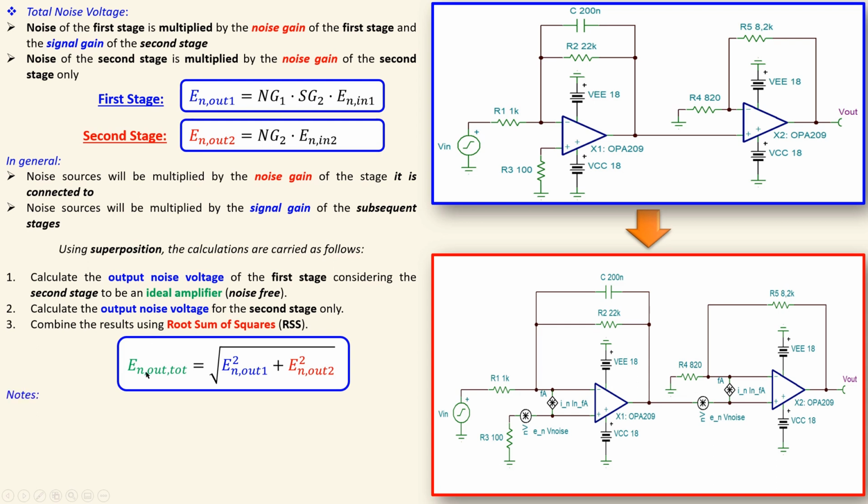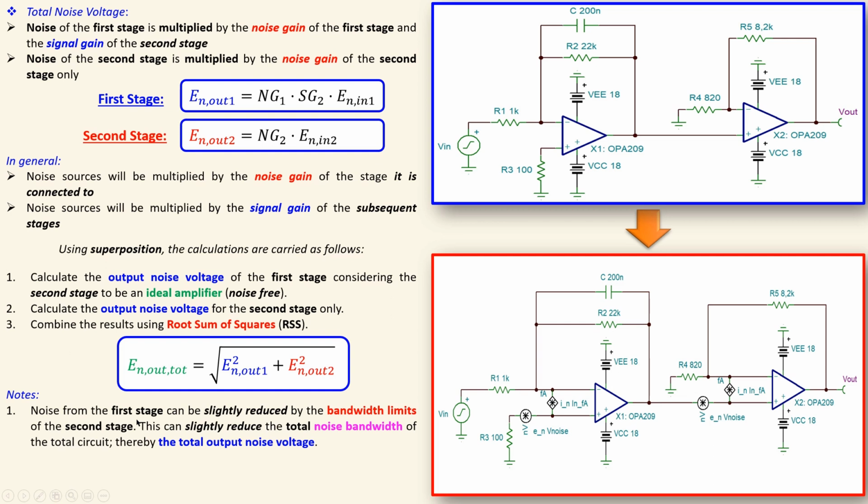Okay, now we have some very important notes. Noise from the first stage can be slightly reduced by the bandwidth limits of the second stage, because this part of the circuit will create a pole. This part of the circuit will also create a pole, actually two poles, because the op-amp on its own has its own pole, but also the RC filter. But when you combine those three poles, or that complete circuit together, you will have some pole shifting, and that degree of shifting will of course also shift the actual bandwidth of your circuit slightly.